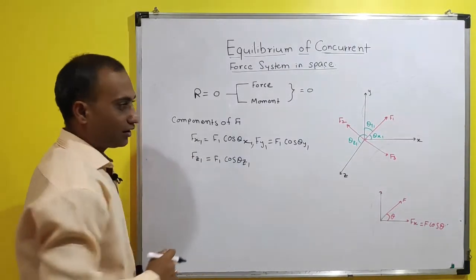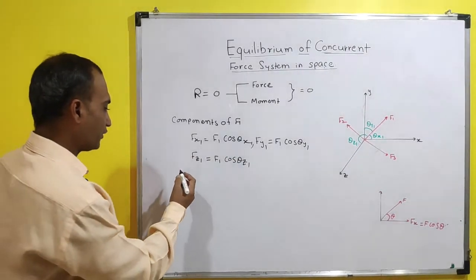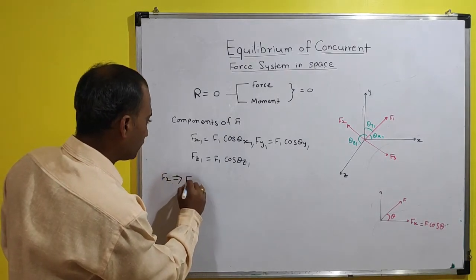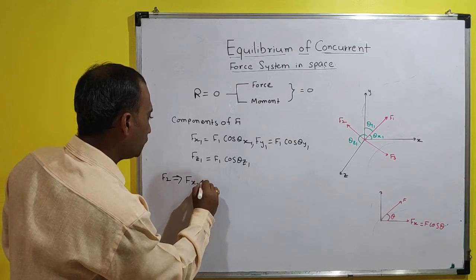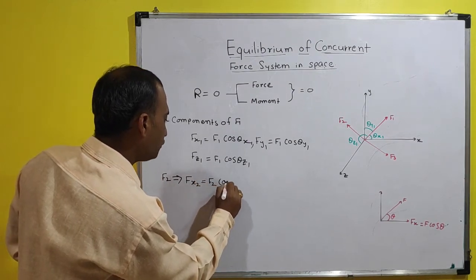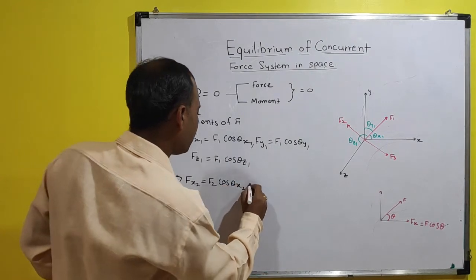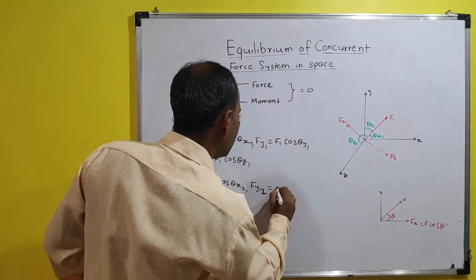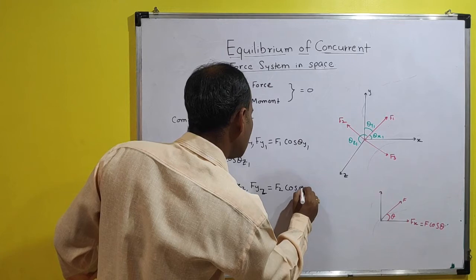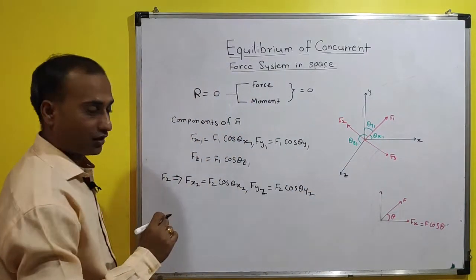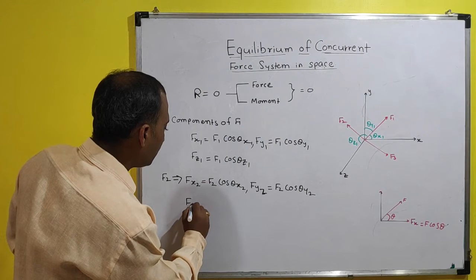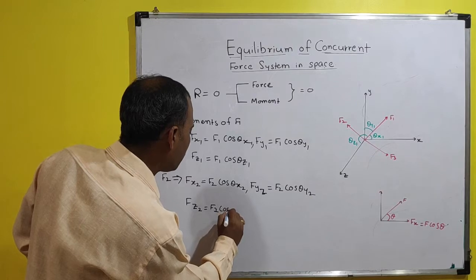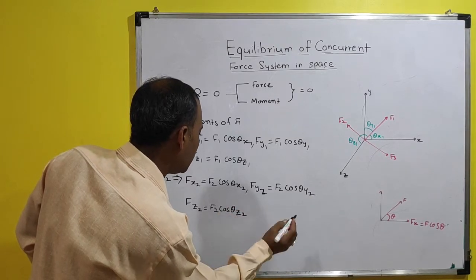Similarly, you have to calculate the components for other forces also. So here for F2, Fx2 is equal to F2 cos theta x2, then Fy2 is equal to F2 cos theta y2, and Fz2 is equal to F2 cos theta z2.